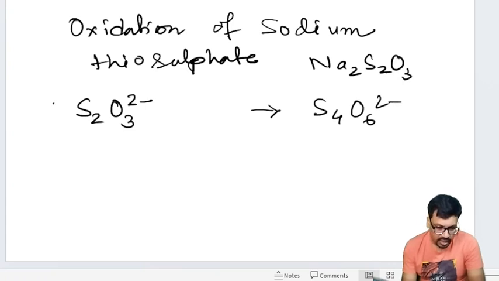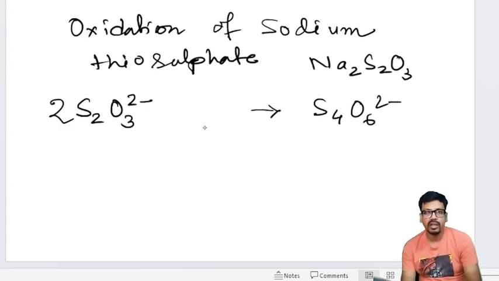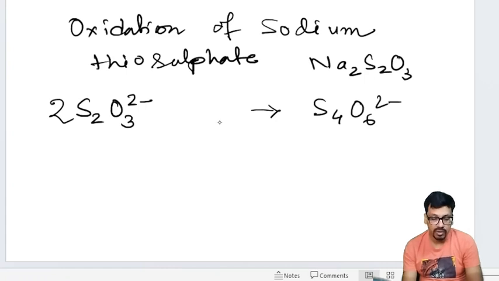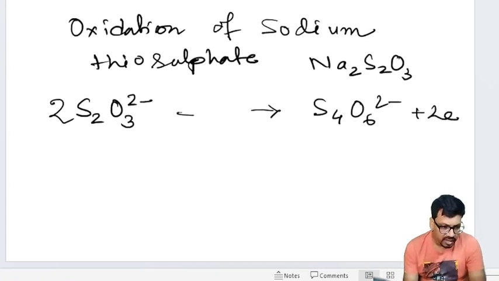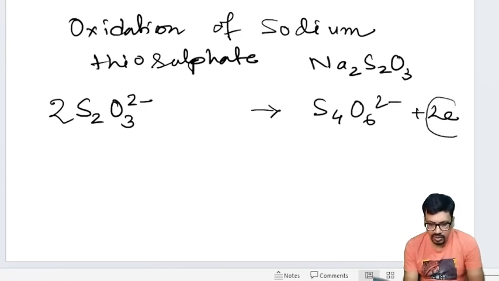So here 2 molecules of S2O3 2 minus are required for the oxidation of sodium thiosulphate. So here 4 electrons are there. So to balance the reaction, we have to add 2 electrons on the right hand side. So in this reaction 2 electron transfer takes place.